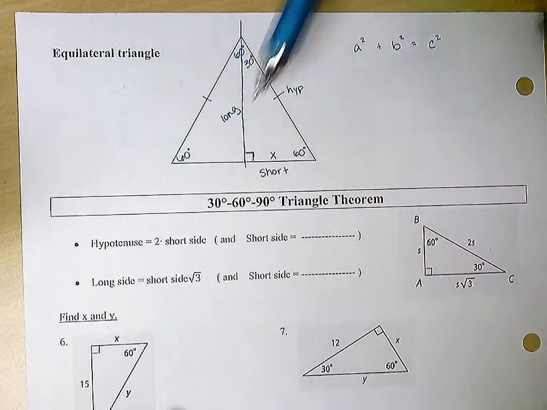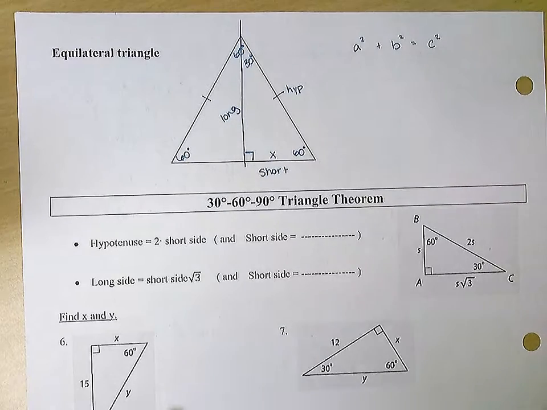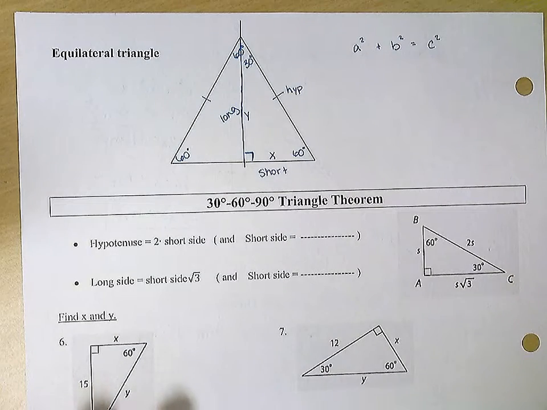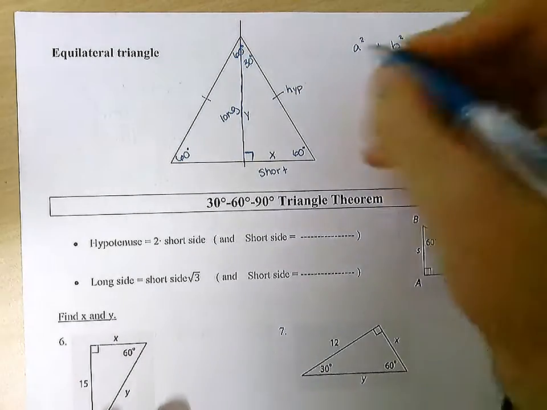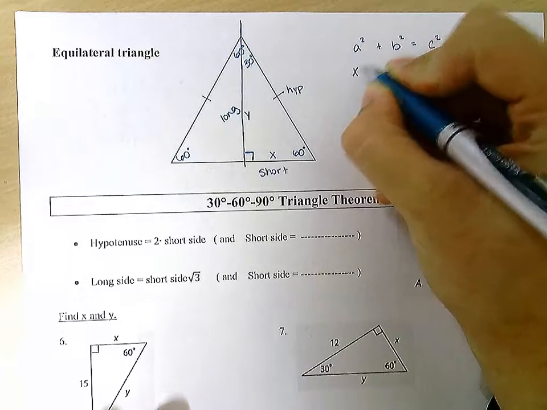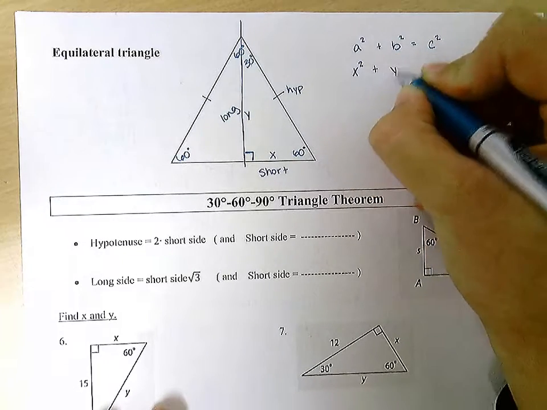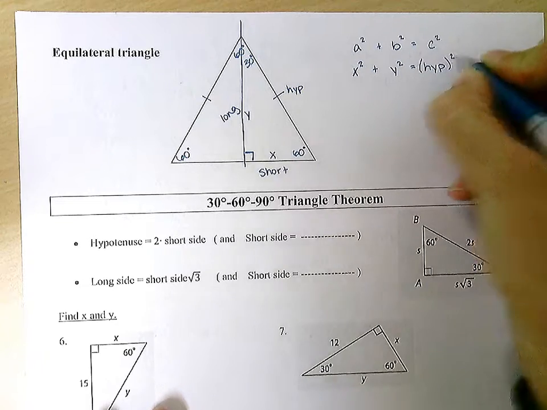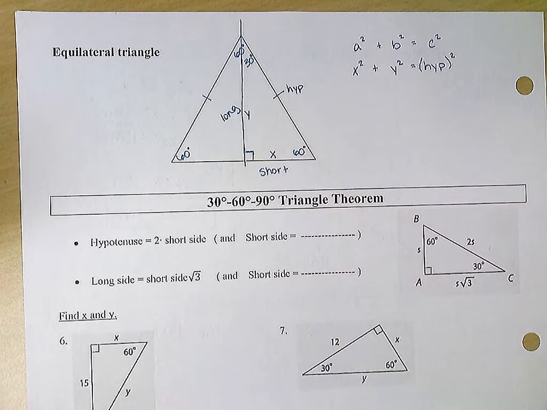But instead of labeling the long side as x, that has to be a different variable because they're different lengths. So that's going to be y. Plugging these in, I have x squared plus y squared is equal to the hypotenuse squared. Now I can't combine like terms here. I can't do a whole lot with this.